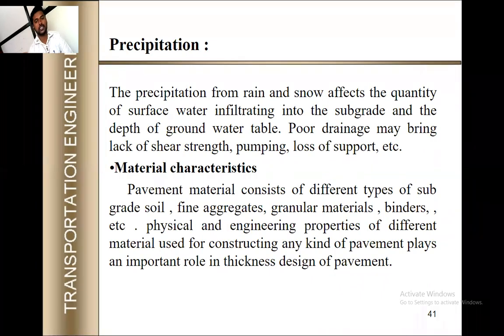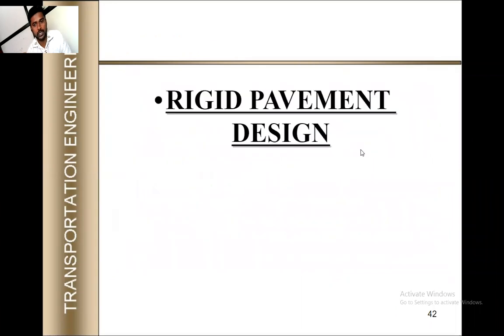What are the materials to be characterized? First is the soil, then the aggregates, then the bitumen, and if there is a concrete road, concrete. In the concrete, again cement, fine aggregate, coarse aggregate, we need to understand the characteristics of that particular material and their roles in the pavement design.